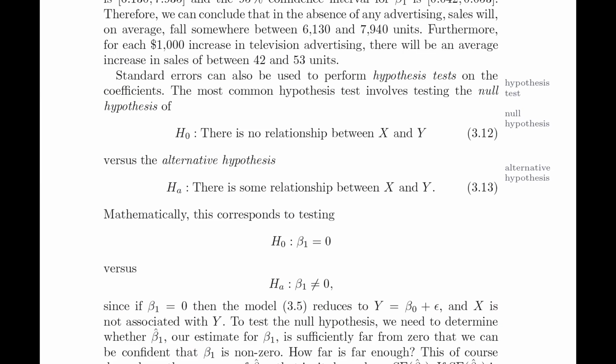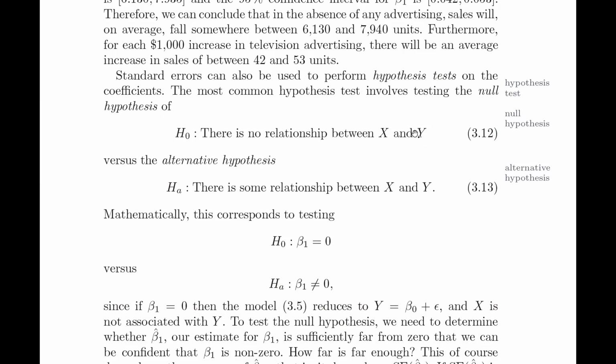We're estimating beta naught hat and beta 1 hat, and from that point onwards, it's very natural to ask, is there in fact a relationship between our single predictor variable, uppercase X, and the output we're trying to predict, uppercase Y?